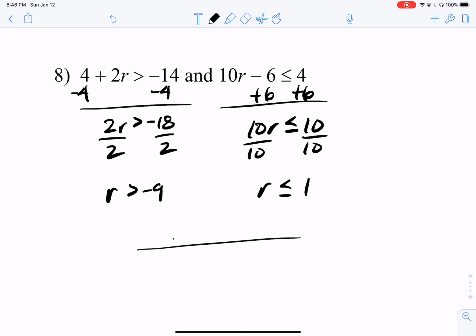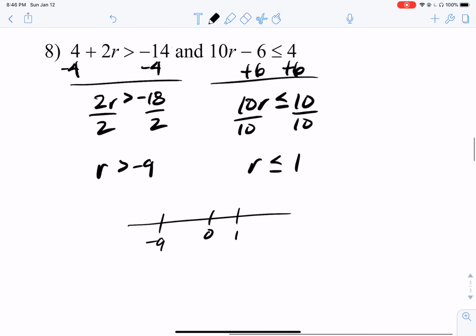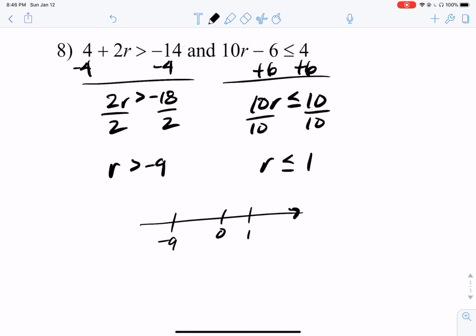So on the number line, -9, 0 would be somewhere in the middle, and 1 would be somewhere around there. Again, it's not drawn to scale, and I'm not trying to draw it to scale on my number line. I just want to know that I have the numbers in order from least to greatest. So on the -9, we would use an open circle. On the +1, we would use a closed circle because of this equal sign right there.